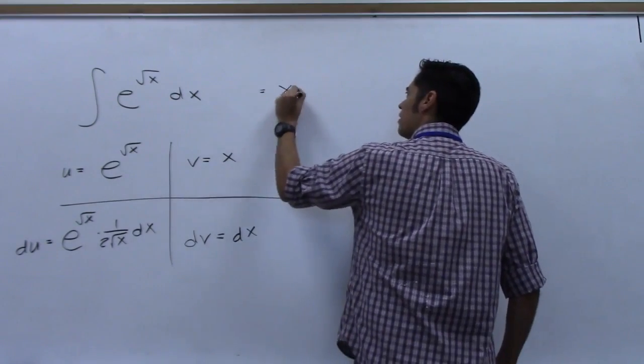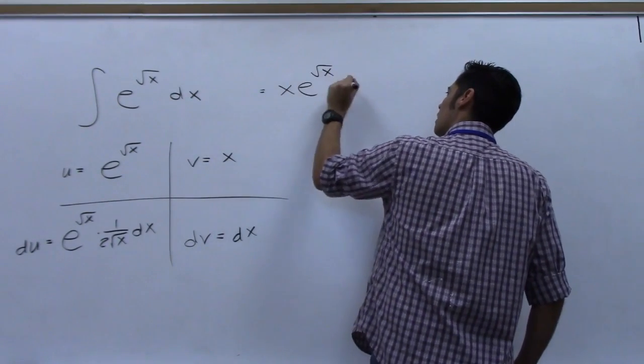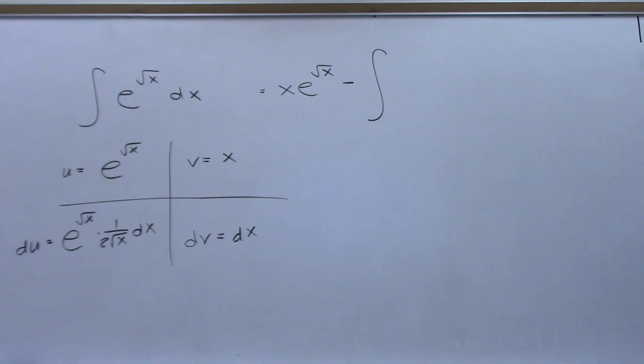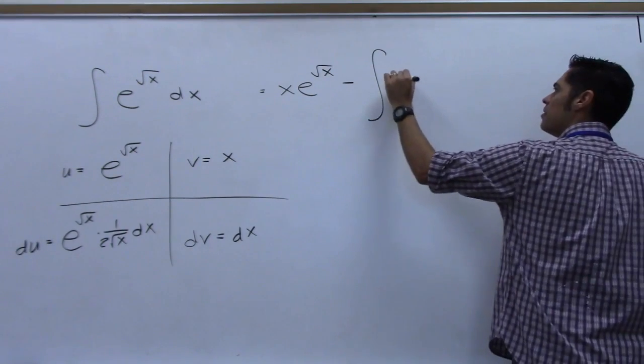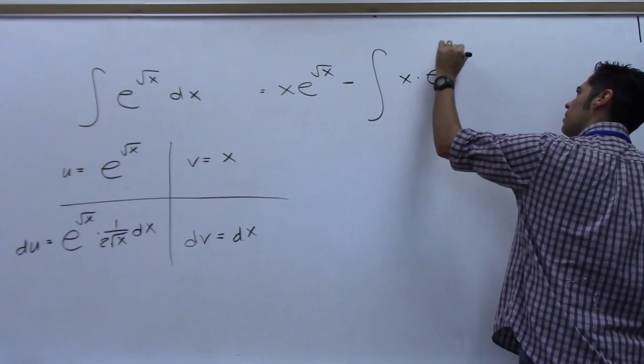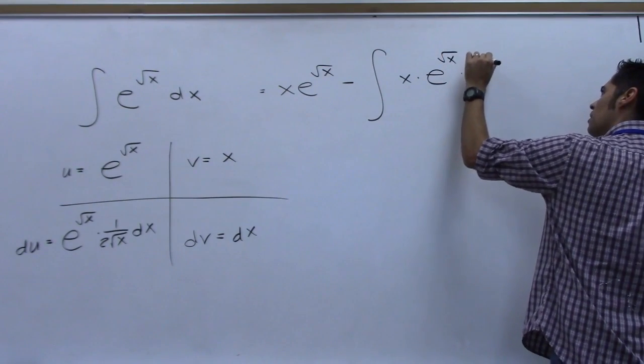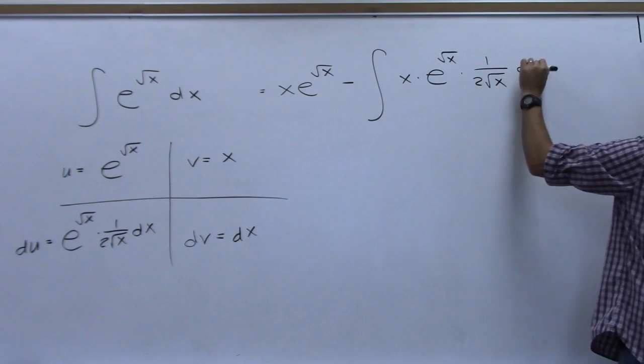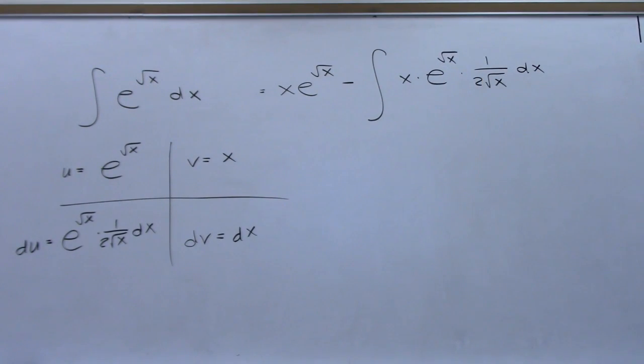Ultraviolet, x e to the root x, minus the integral of voodoo, which is x times e to the root x times 1 over 2 root x, like that, dx. Do you agree?